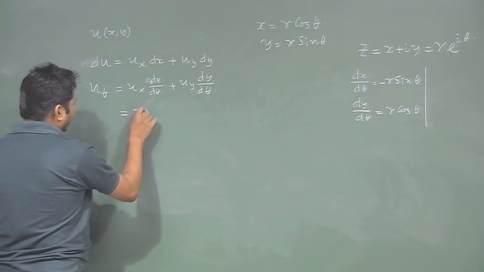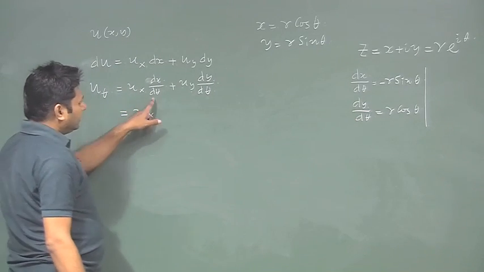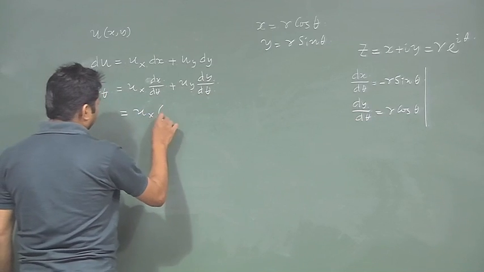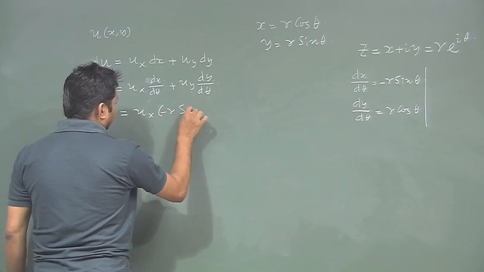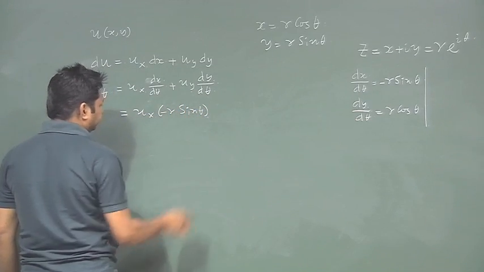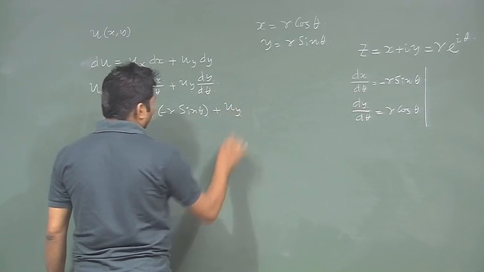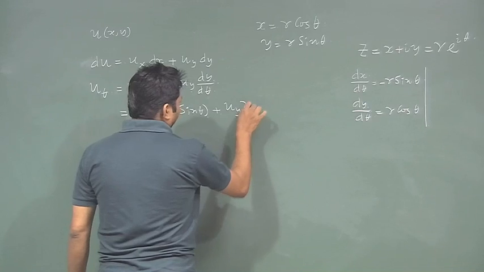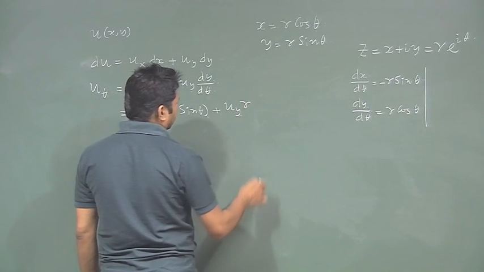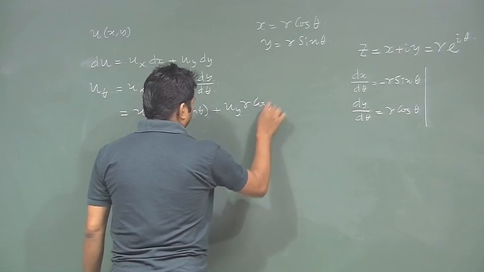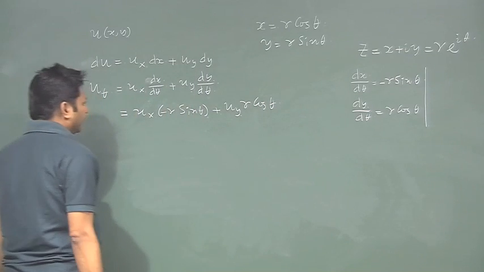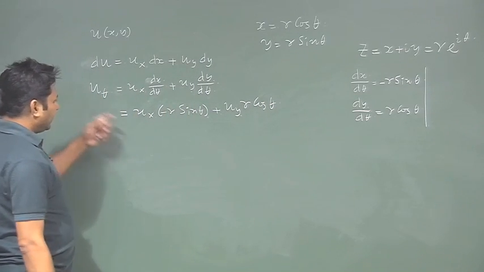So it is ux, into this quantity which is minus r sin theta, plus uy r cos theta. u theta is this.